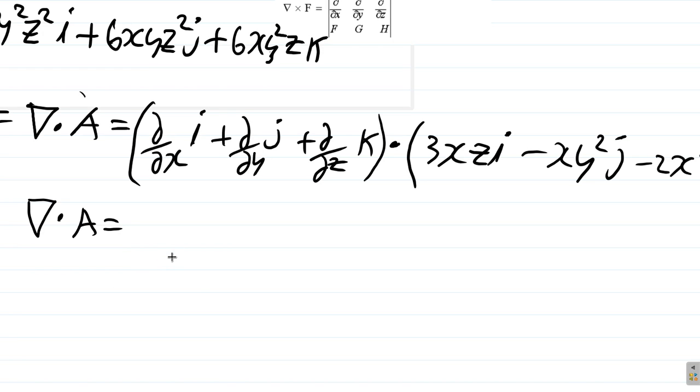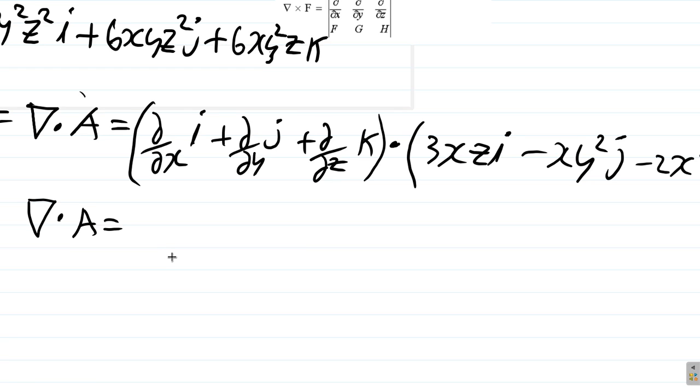Now remember what you do when you find the dot product of two vectors. It's the coefficient of i in this one times the coefficient of i in that one, plus the coefficient of j in this one times the coefficient of j in the other one, plus the coefficient of k in this vector times the coefficient of k in the other vector. Alright?